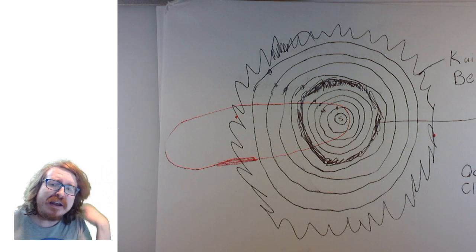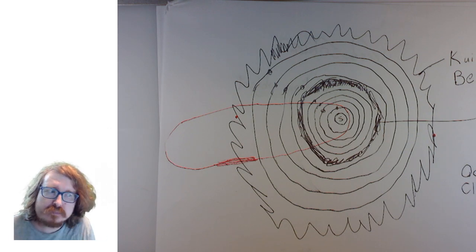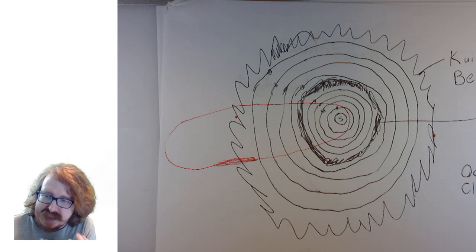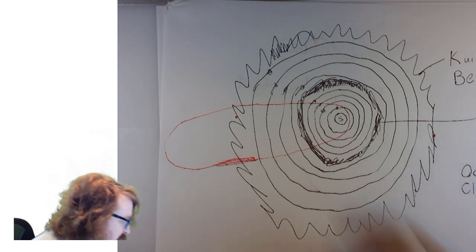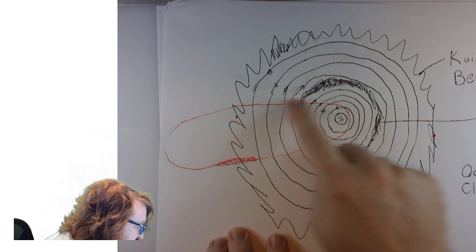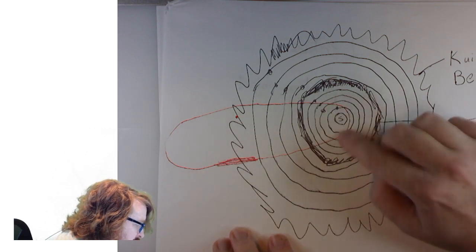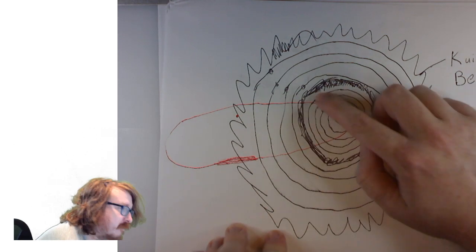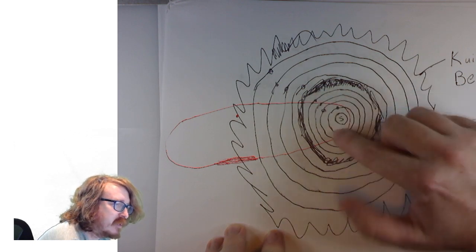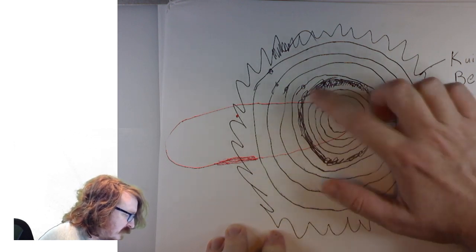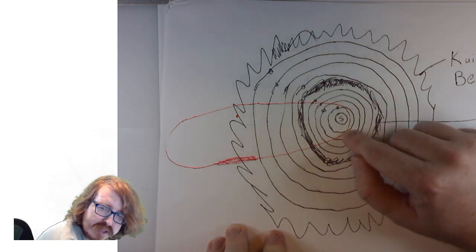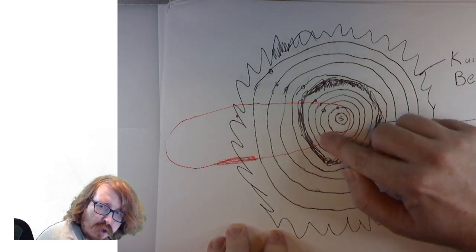Now, that said, there is something that can help them out. What's probably true about the speed of the object in this part of the orbit? Is it fast or slow when it's right here?